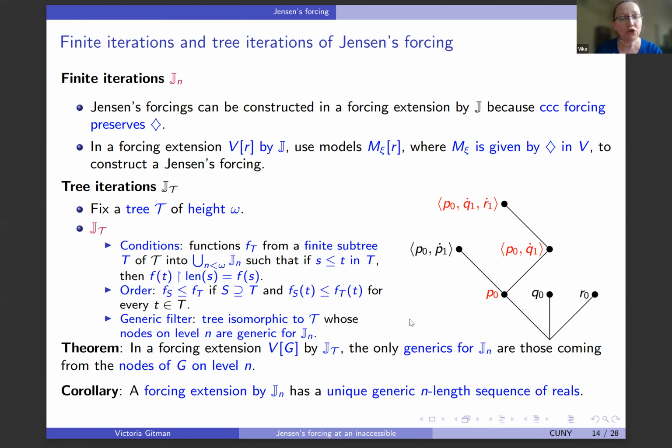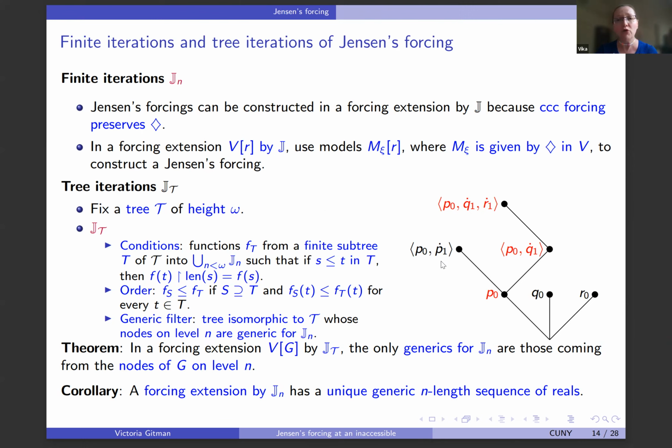Okay, so tree iterations are iterations along a tree of height omega. And this is what the poset looks like. So given a tree 𝒯 of height omega, the Jensen iteration along 𝒯, its conditions are functions whose domain is a finite subtree of 𝒯, such that on a node of the tree 𝒯 on level n, I put conditions from J_n, the nth iteration, okay?